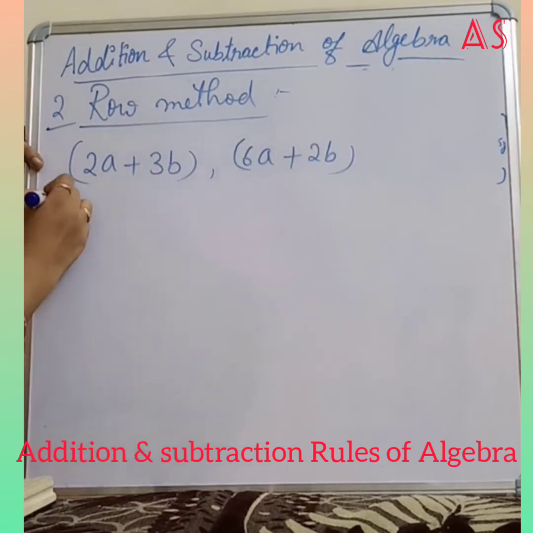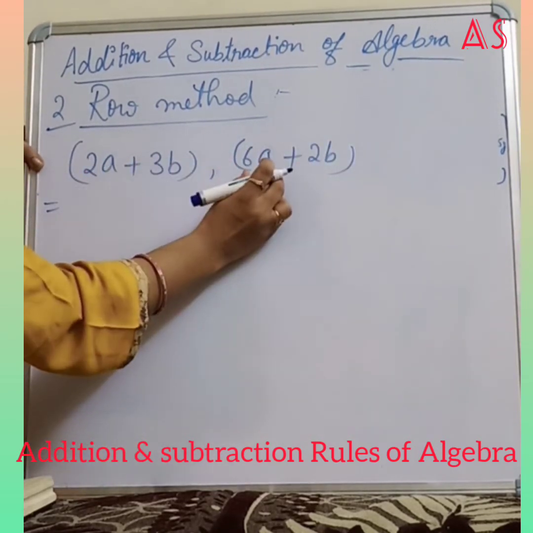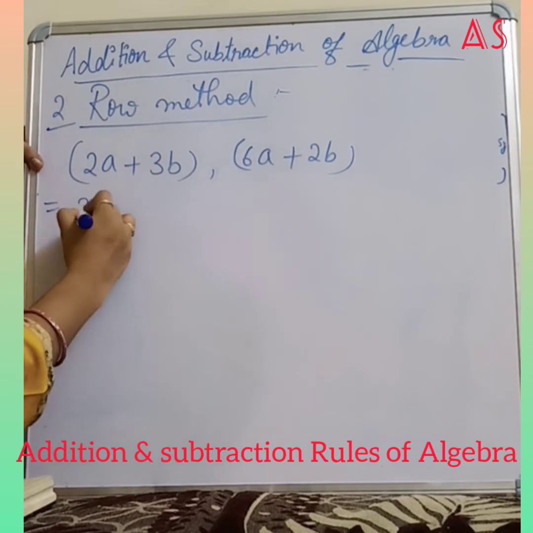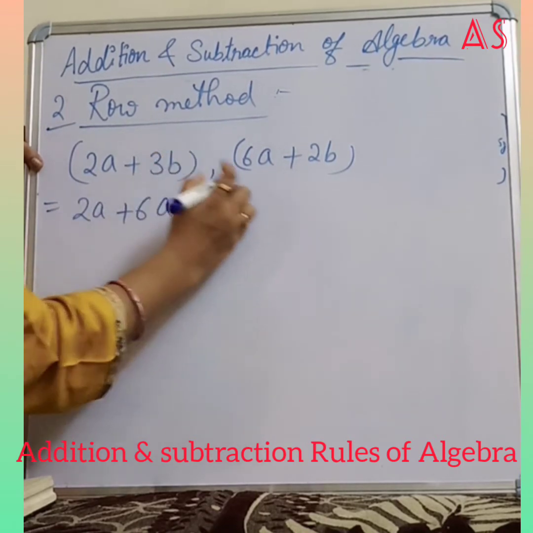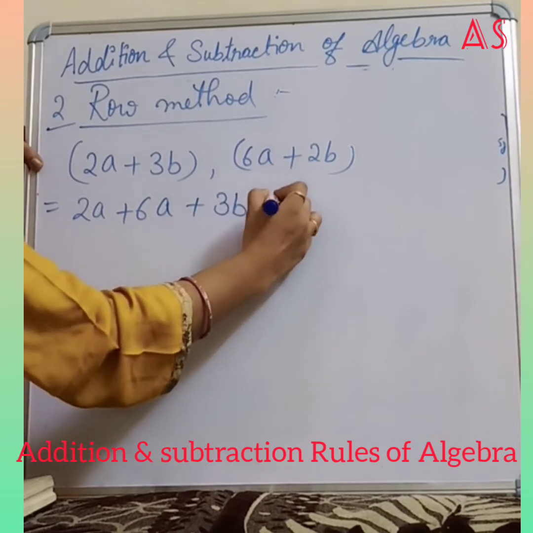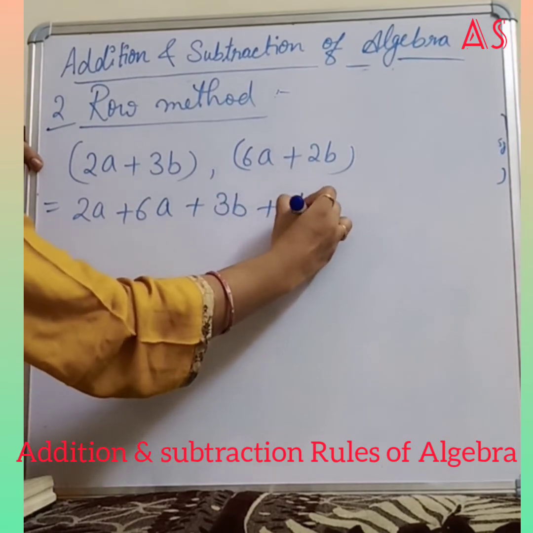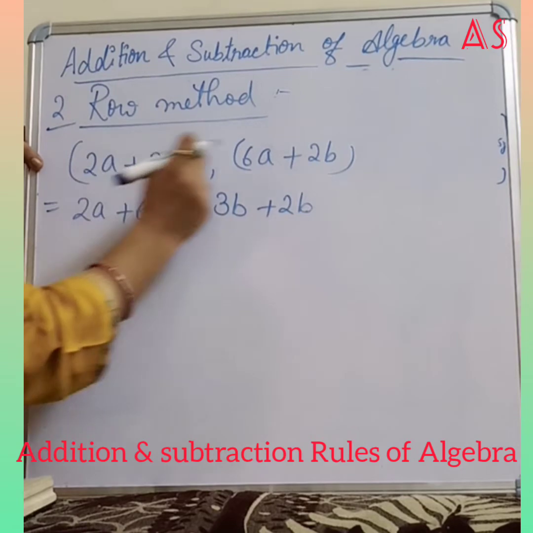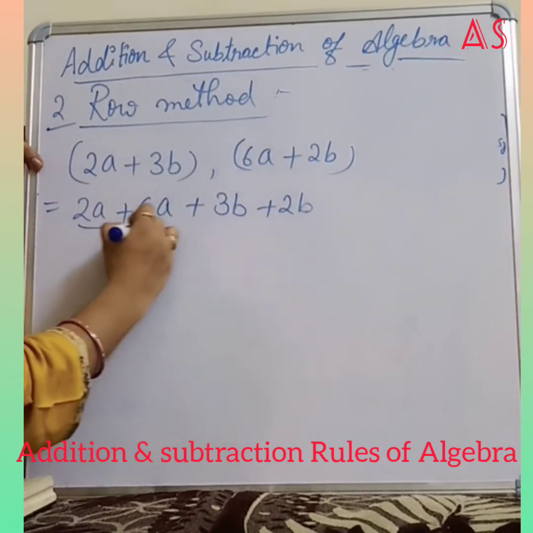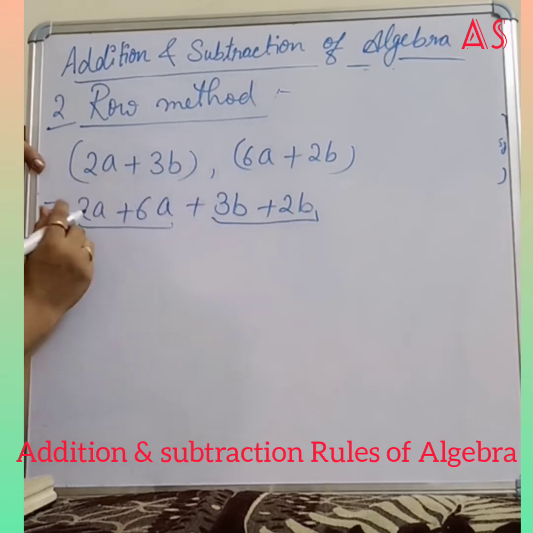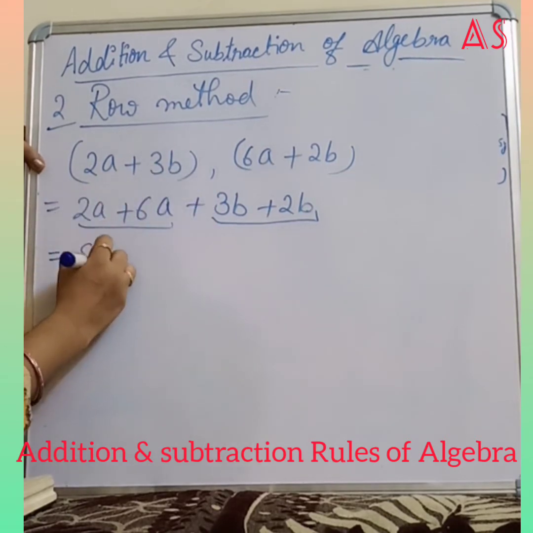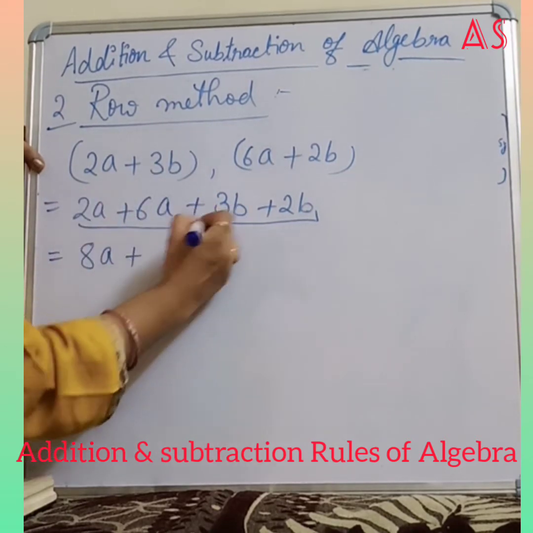Simple, we will write in a single line. 2a with 6a, a variable with a. 2a plus 6a plus 3b plus 2b. Okay, 3b plus 2b, 2a plus 6a. Like variables together. This is a pair of like variables and this is another pair of like variables. Now 2 plus 6, 8a plus 5b.